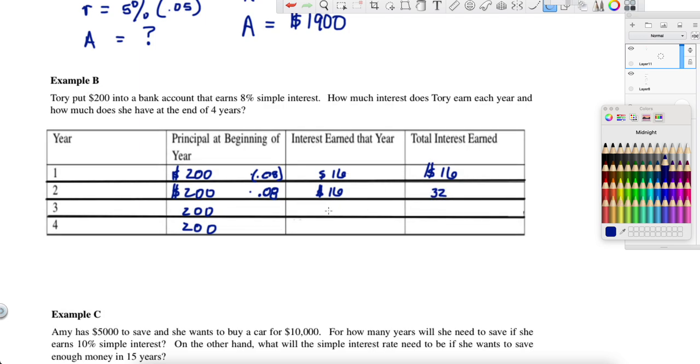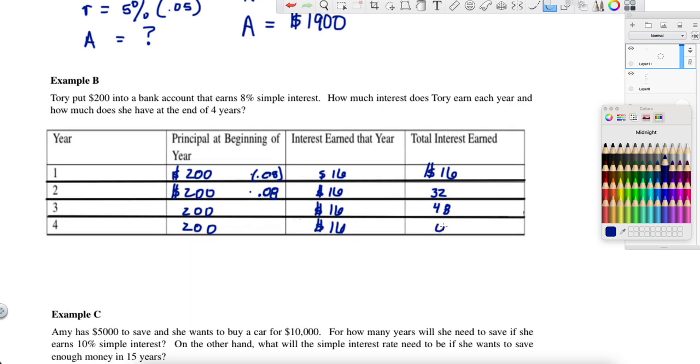And I hope you see it's the same for these other years. We would take the original principal and multiply it by the interest rate. And so I would have 32 the second year. On the third year, I would just add 16 to that, so that's 48. And then in the fourth year, another 16.